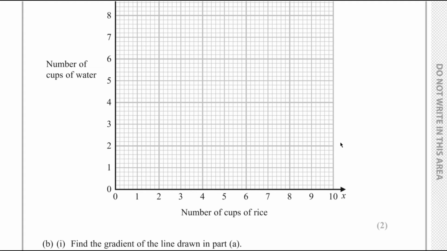If the ratio of X to Y is 4 to 5, that means for every 4 of X, we have 5 of Y. That's this point here. What we need to do then is join the origin to this line and extend where necessary, as we see here.